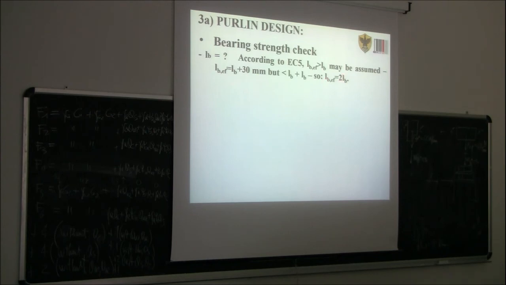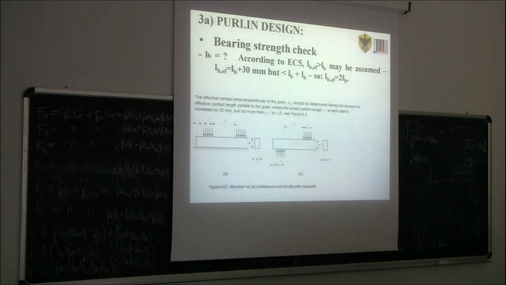So basically we start assuming that the bearing length would be less than 30 millimeters, and so the limit is twice LB. So this is the effective bearing length that we can consider in our verification. So the sigma will be the restraint reaction here, divided by B, the breadth of the beam, times twice LB.